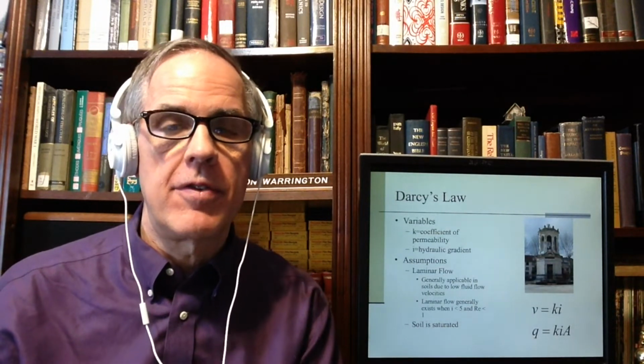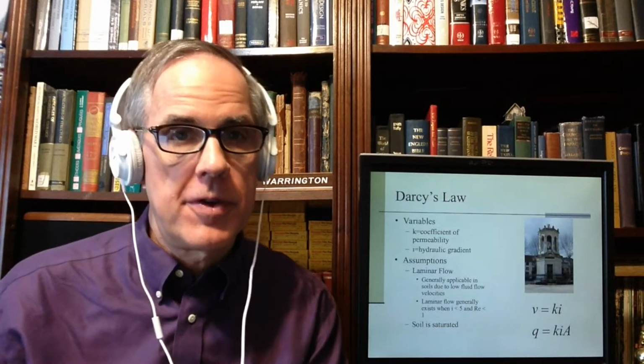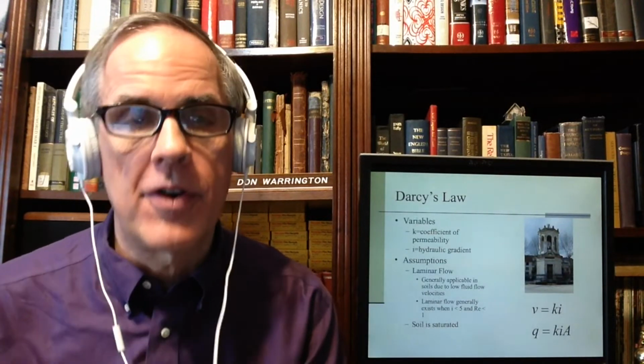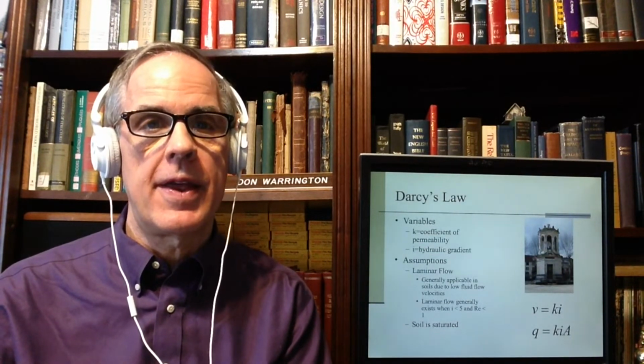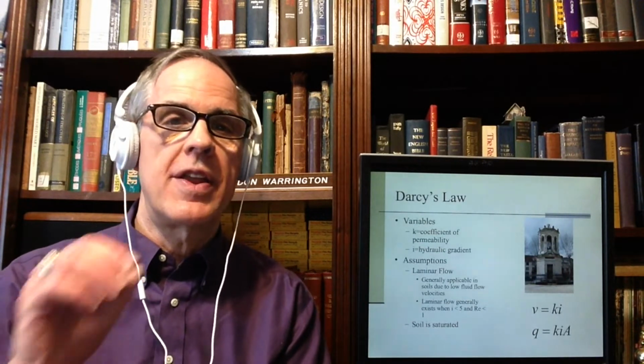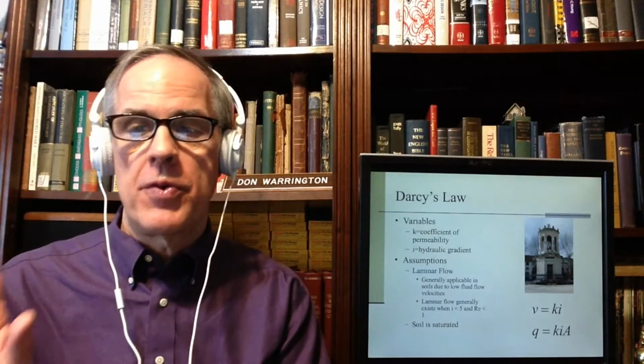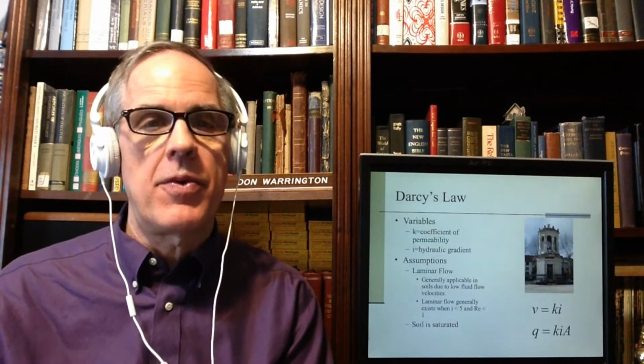In other words, the higher the hydraulic gradient for a given soil, the higher the specific discharge. For a given hydraulic gradient, the higher the permeability of the soil, the higher the specific discharge, and vice versa. If we multiply both sides of the equation by the cross-sectional area, we get the flow, Q equals KiA, where A is the area.